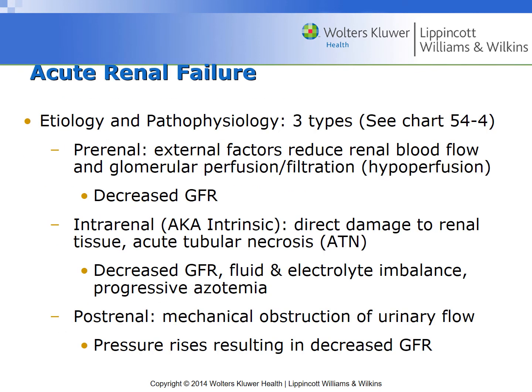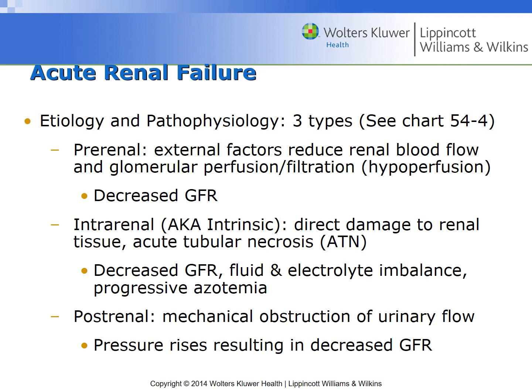So let's get into our acute first. The etiology here, if you look in your textbook, I'm not sure what that page number is, but it's chapter 54. There's a chart, 54-4, that goes into the patho and the etiology.